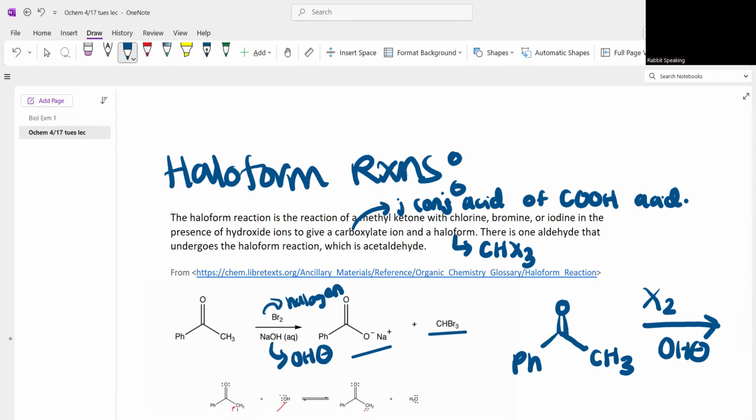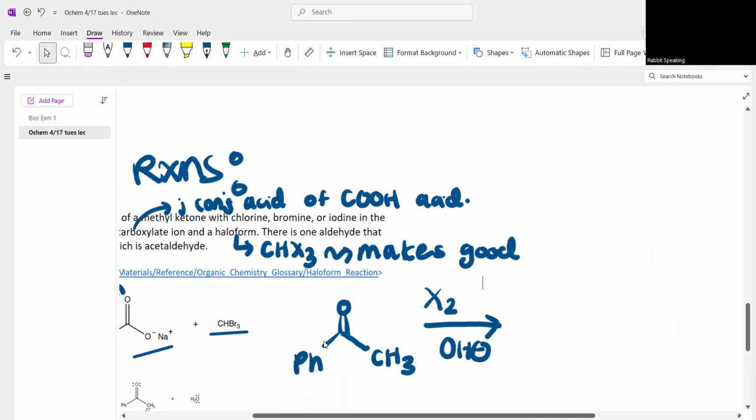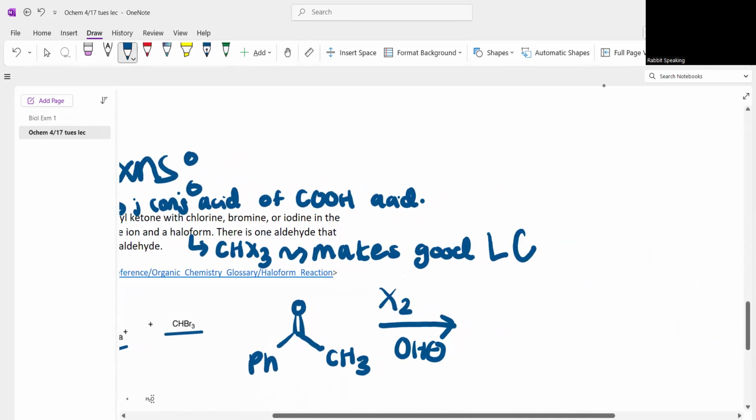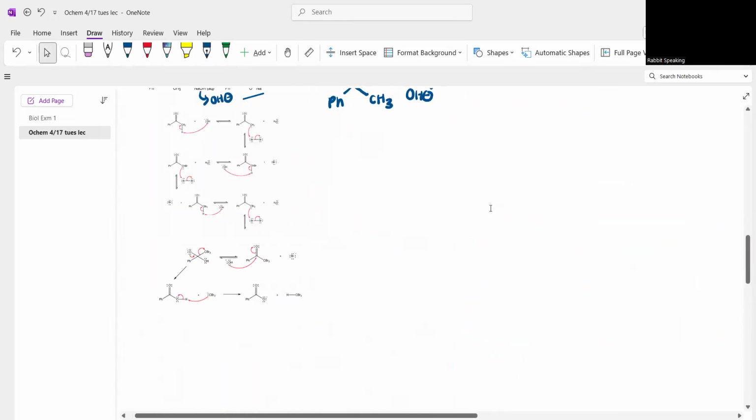And apparently, I think the professor mentioned this in lecture, it makes a good leaving group. So if you're trying to form a carboxylate ion, a haloform reaction would be your way to go, because haloforms, which have three halogens on a carbon, make a good leaving group.